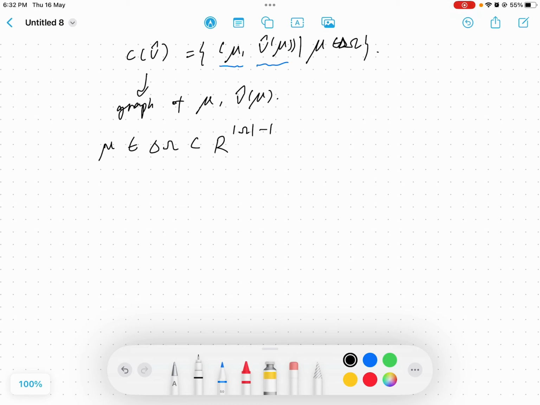And this is true. I will show this later, and it's a very interesting result. Also, this is simple, that the v hat of mu is a real number.